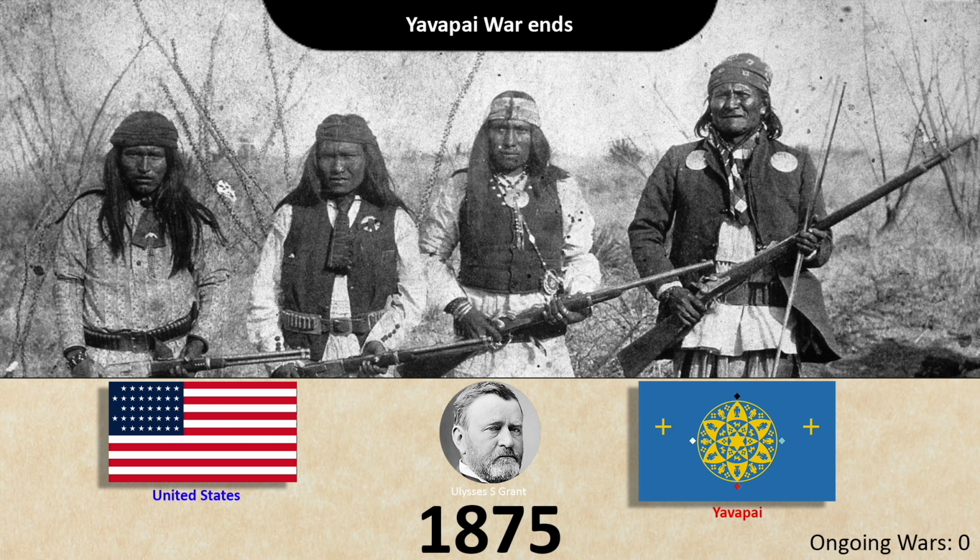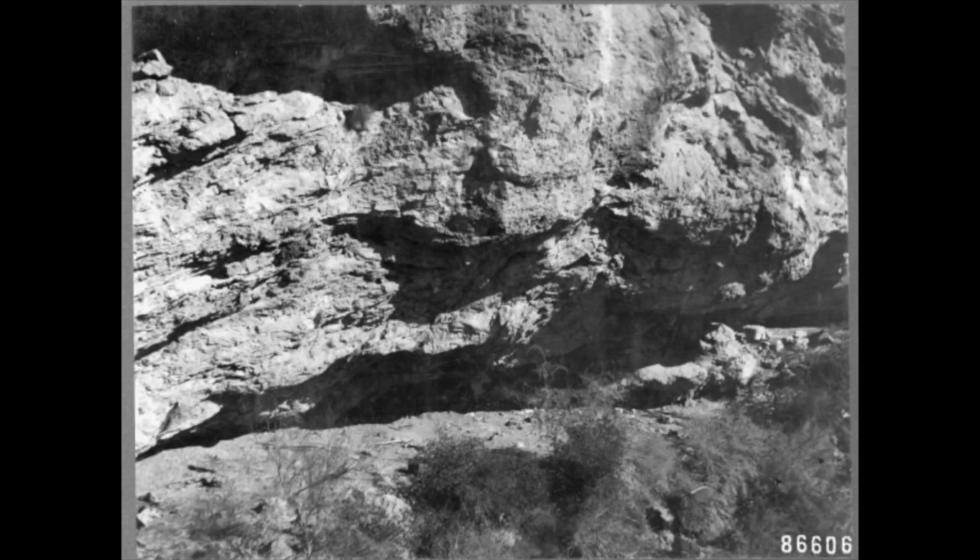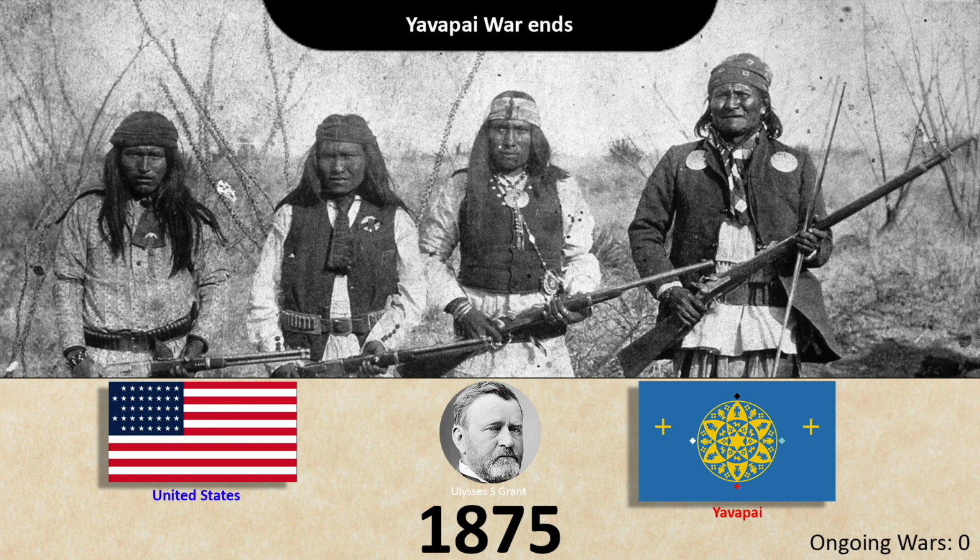The next year, in 1875, the Yavapai War would end, and what would happen to end this would be a group of United States military scouts would find a cave near Salt River Canyon that was being used as a hideout by Quaquipaya and Yavapai people. And the cave would be besieged by around 120 United States soldiers.